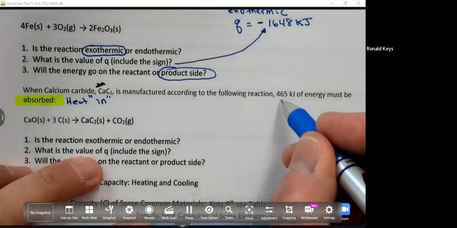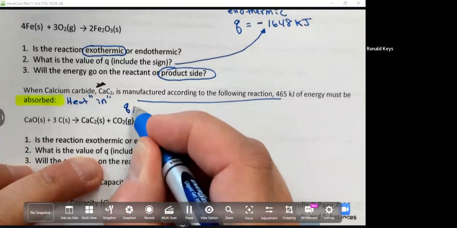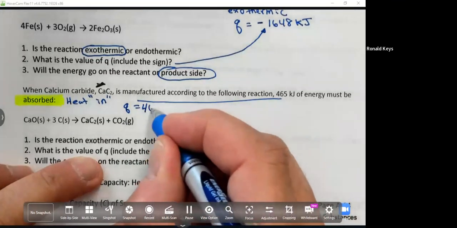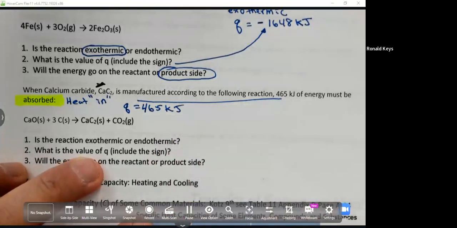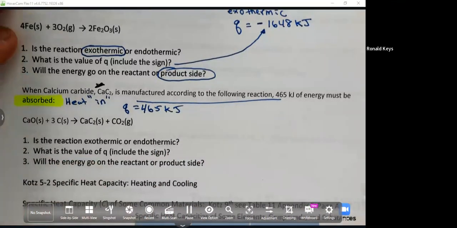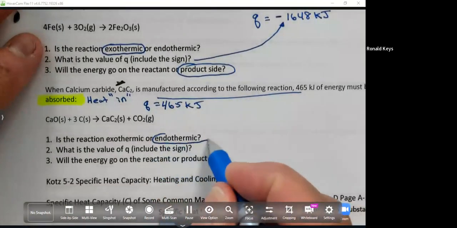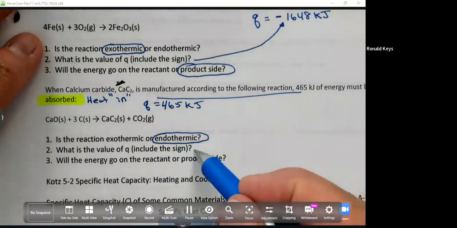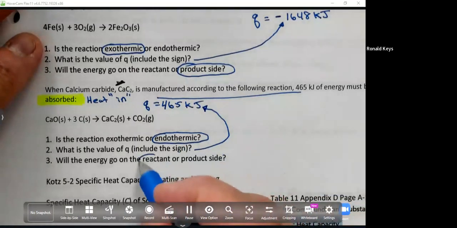If we have to put heat in, Q is going to be positive 465 kilojoules. So we know that the reaction is endothermic. We know the value of Q, and it will go on the reactant side.